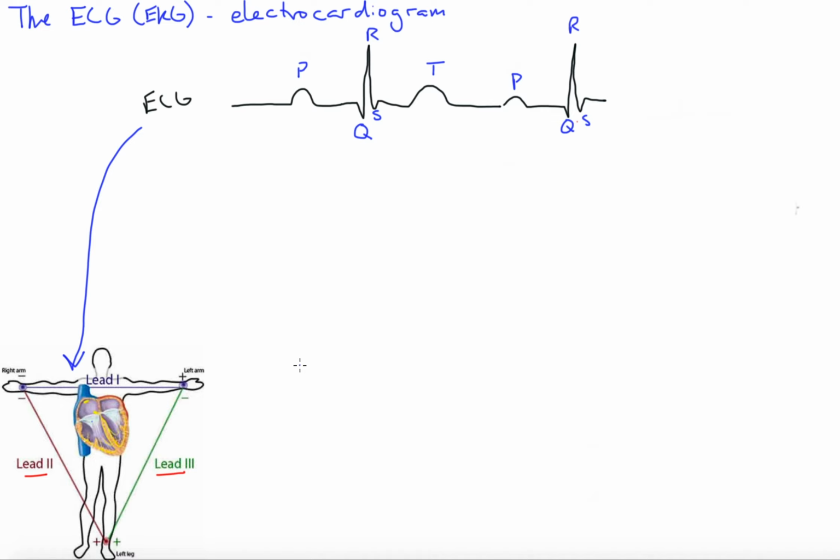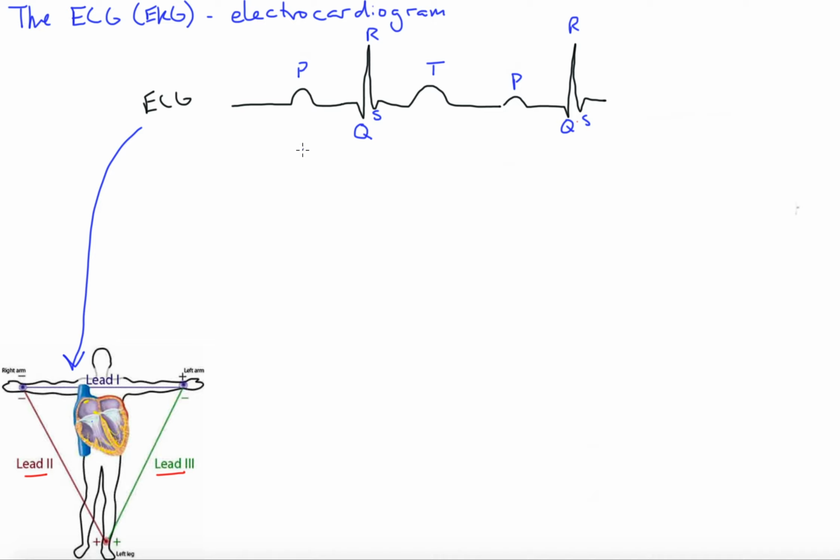The electrical differences are transmitted out through the highly conductive interstitial fluids of our body. And so we can detect these differences in potential charge across the heart not just by putting electrodes on the heart, but by putting them out here in the limbs, because our body fluids are just going to conduct those electrical potential differences all the way to our extremities.